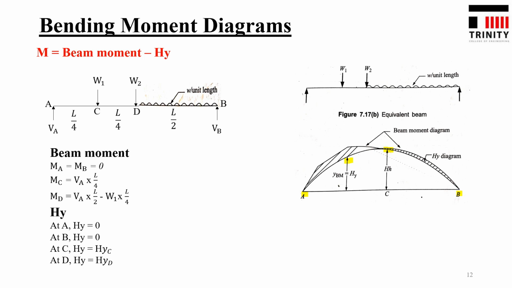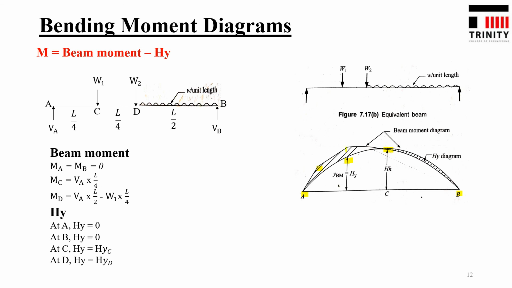After drawing the parabola, you draw the beam moment diagram. So first, under load W1, beam moment is Va into L by 4, and under W2, beam moment is Va into L by 2 minus W1 into L by 4.